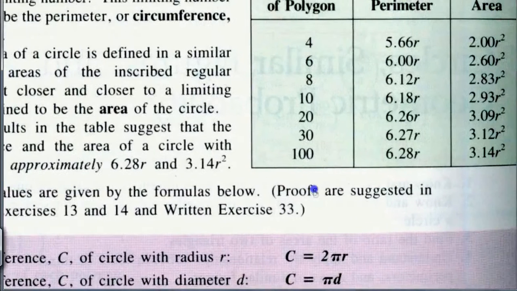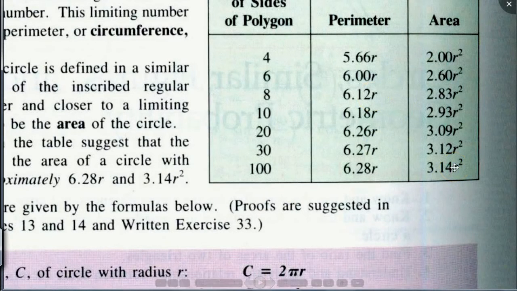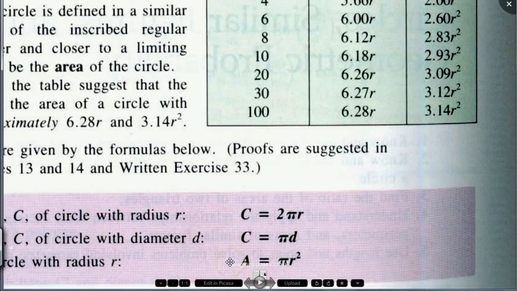This table kind of shows us the value of pi. These regular n-gons are looking more and more like the circle, so it makes sense how the area and the circumference are this way.